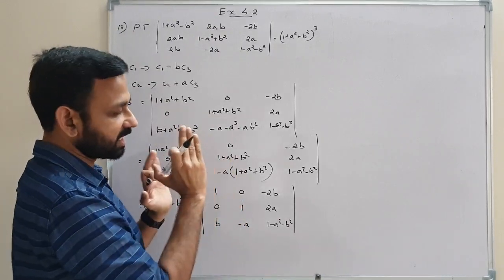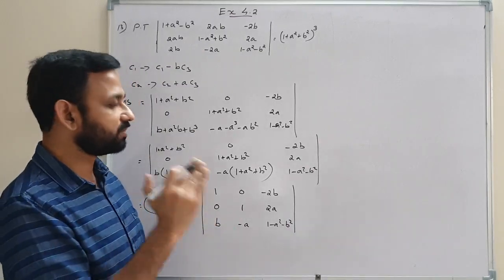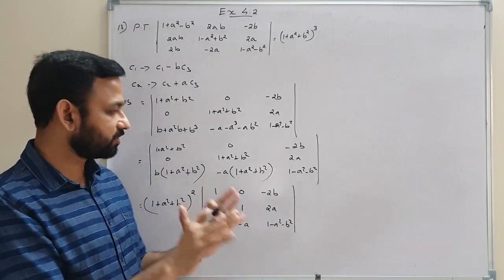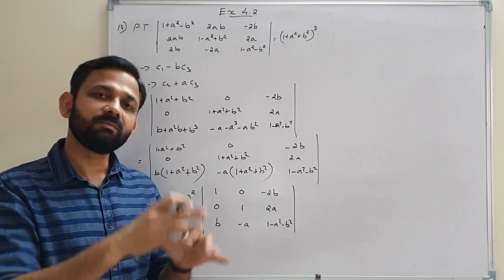So a 3 by 3 determinant should be reduced into a 2 by 2 determinant by using properties. Then once you get a 2 by 2 determinant, we will find the value of that determinant by direct method.